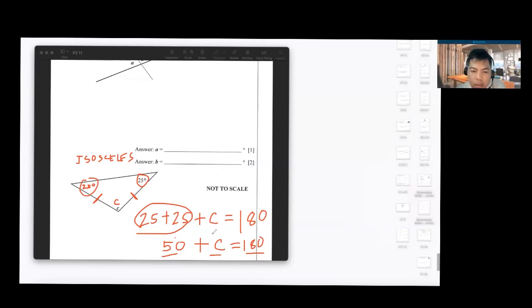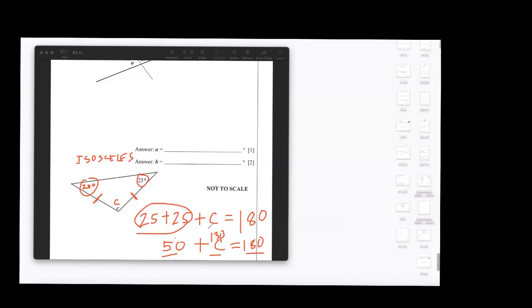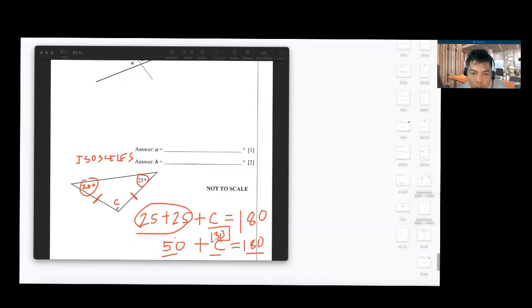Yeah, 180 minus 50. Malia, are you following? Yeah, that's right. So this is 130. All right. So you see, if I put 130 here, when we add all the angles, that would be 180.